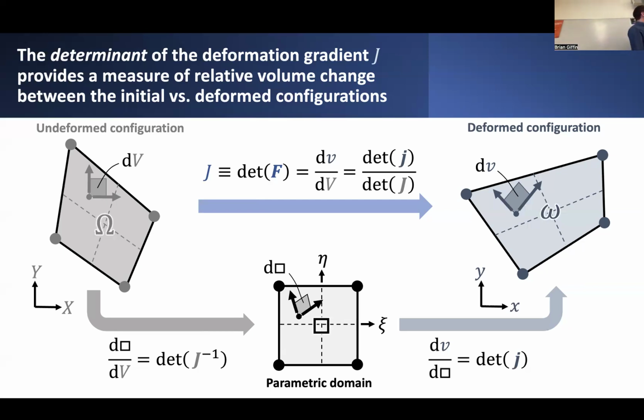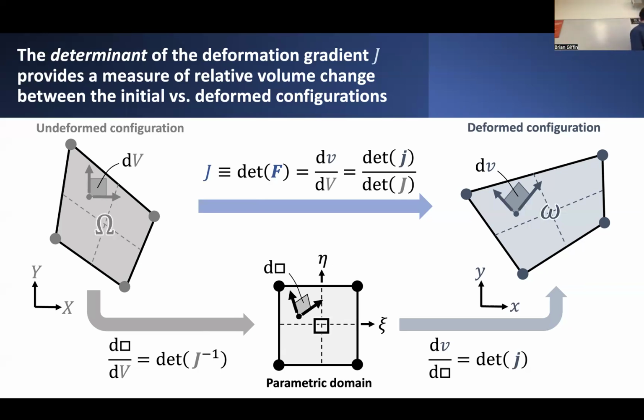One way to demonstrate that is to actually use our Jacobian mapping in the way that we described how individual units of volume are mapped from the element's parametric domain into their corresponding physical domains. In that setting, we used the determinant of the Jacobian to come up with that kind of volumetric scaling of small units of volume and how they are related to units of volume in the element's deformed or physical coordinates.